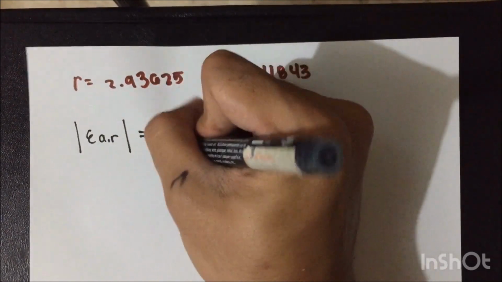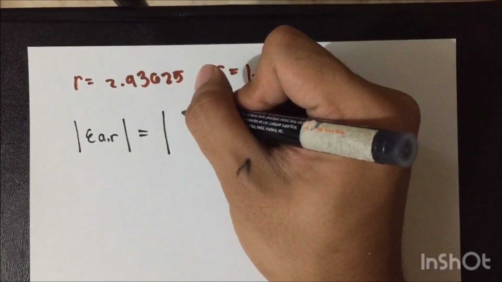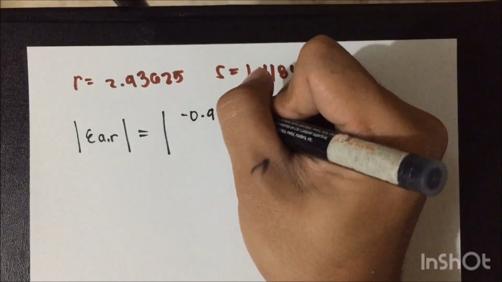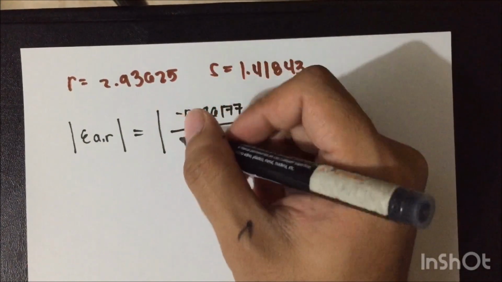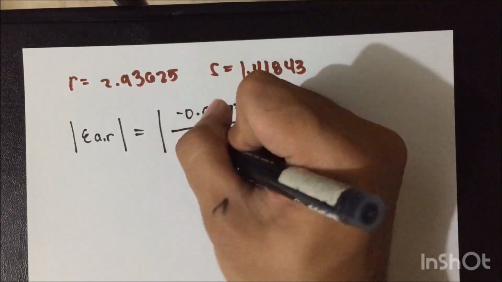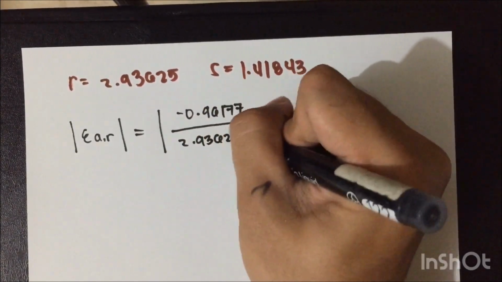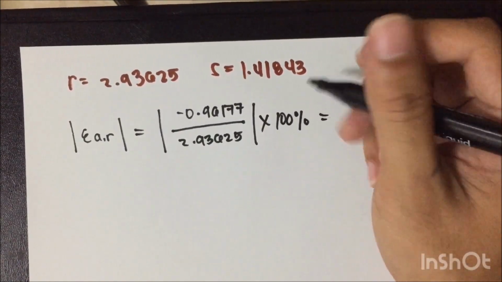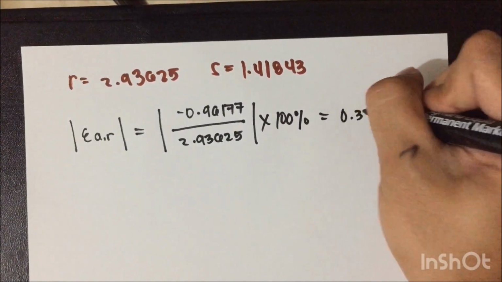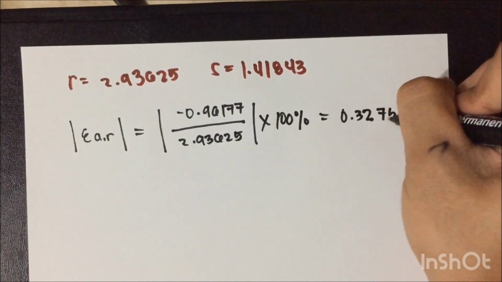So, para sa R, absolute value ng delta R, which is negative 0.96177 over new value ng R, which is 2.93625 times 100%, will be equal to 0.32755.